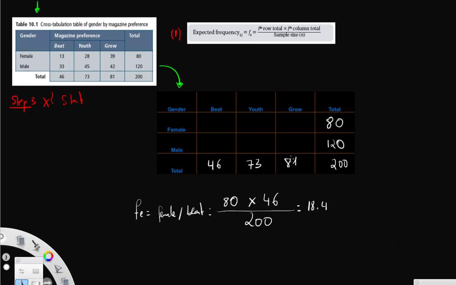Now what you are going to do is just write it up here. Okay. 18.4, and let's do just another one. Maybe let's see now male and beat. So for male and beat, I'm going to do the same thing.